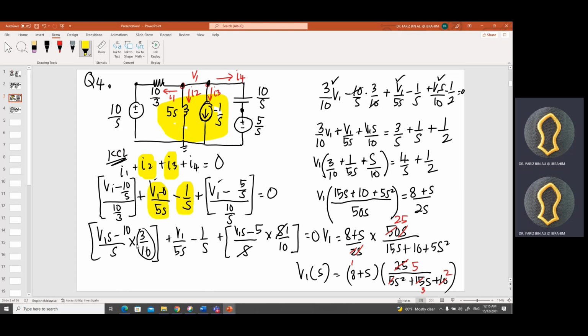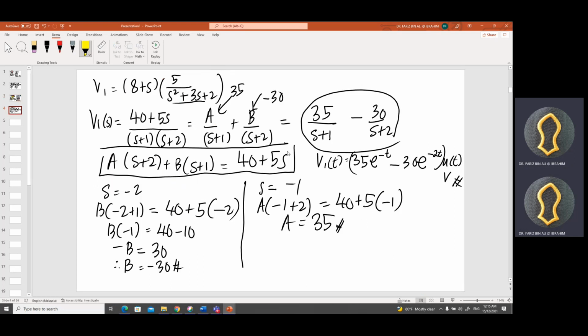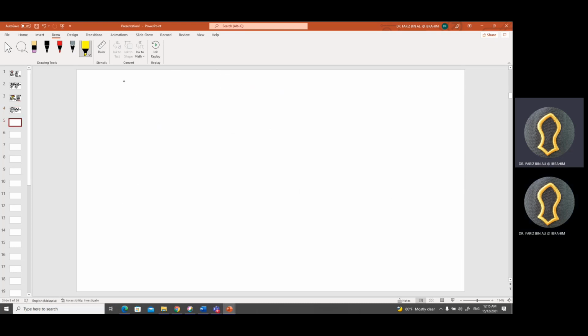And V1 is already known. We already know the value of V1 just now, right? So we can start from there, where my V1 is 40 plus 5s over (s plus 1)(s plus 2). So my IL, just now we said, is V1 over 5s plus the other current, the initial current, which is minus 1 over s.